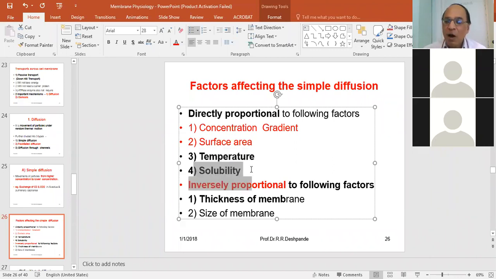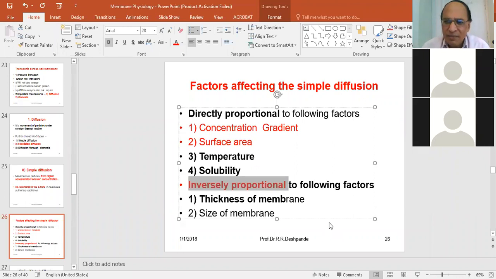Solubility: how much a particle can mix with another particle, that is called solubility. Then this diffusion process is inversely proportional to membrane thickness. If the membranes of my lungs become thick, then naturally diffusion will be less. No entry, it is resistant, there are fibrotic changes.